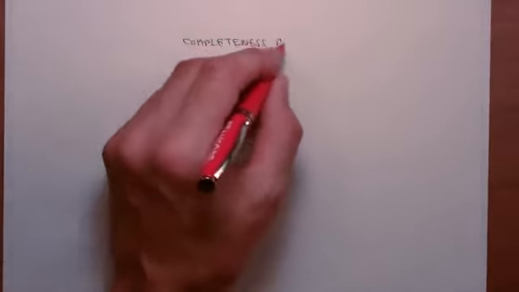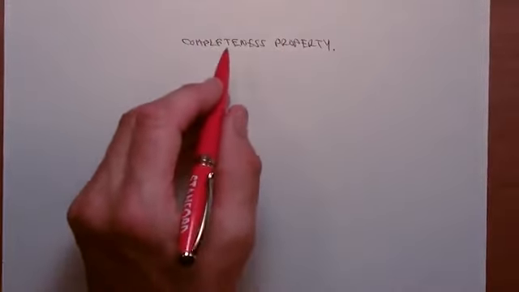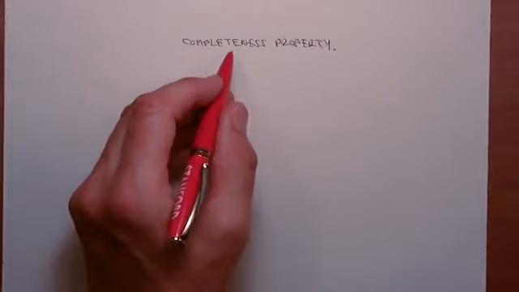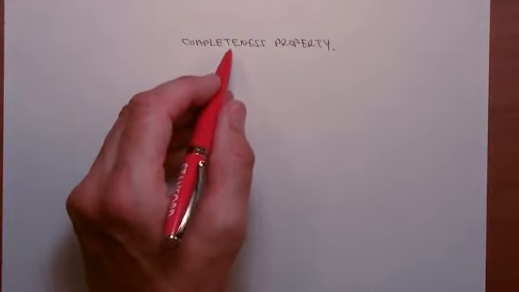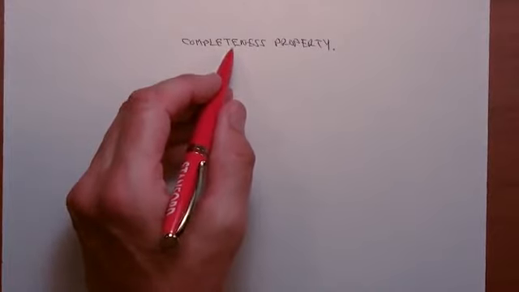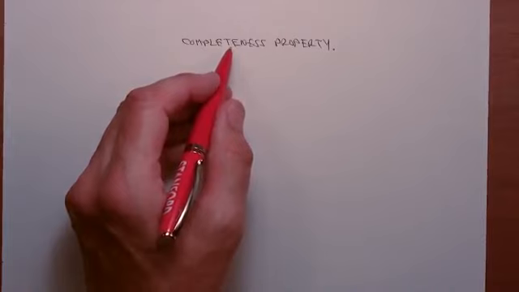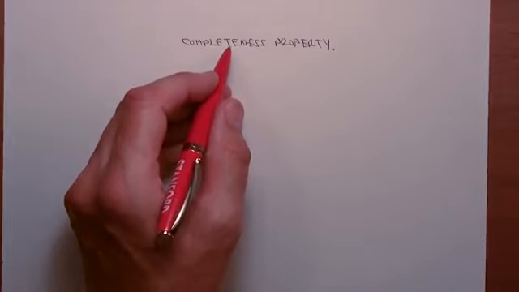Well, the key property that the real numbers have that the rationals don't have is what's known as a completeness property. In a nutshell, the completeness property is what makes the real numbers great for doing mathematics, and the absence of which makes the rationals inadequate for doing mathematics.